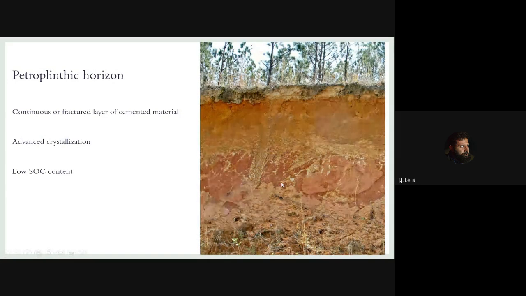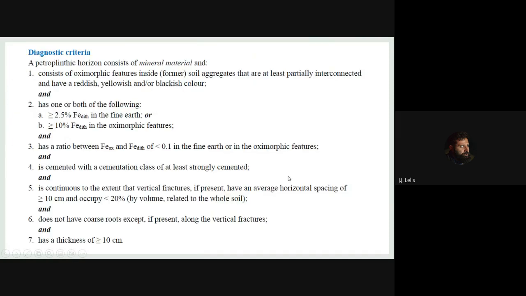In this picture, we can see the petroplinthic horizon again, and we can't see any kind of root here. And the diagnostic criteria for the petroplinthic horizon is that it is a mineral material, again, with a low organic carbon content. It consists of oximorphic features, okay, that form these soil aggregates, and they possess this reddish, yellowish, or blackish color.